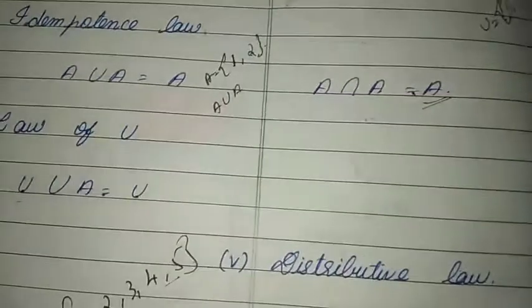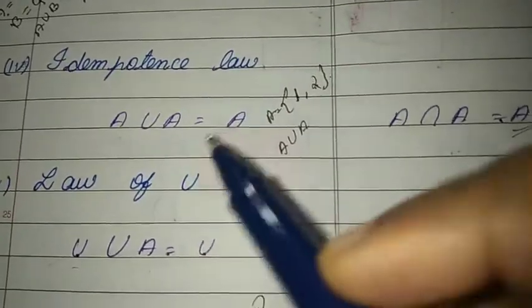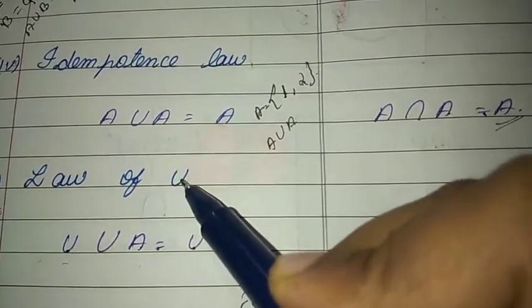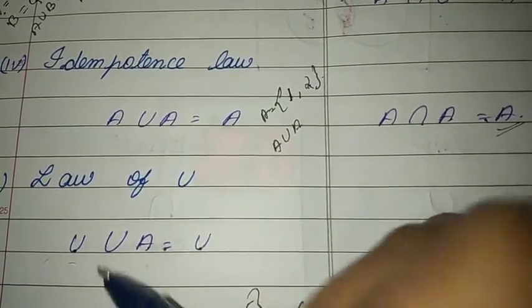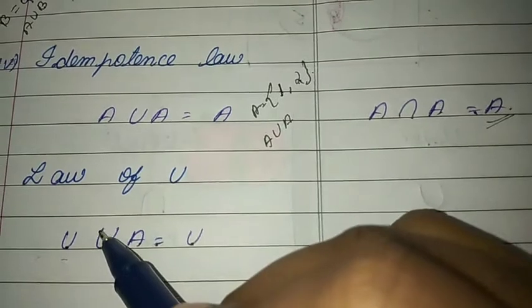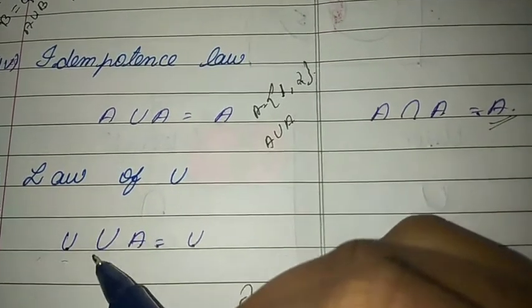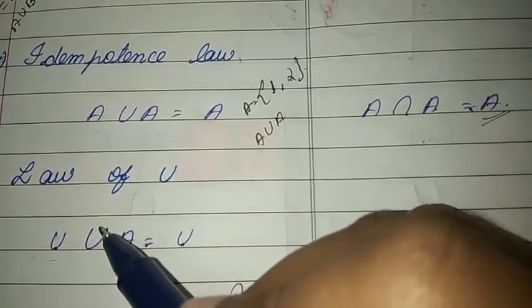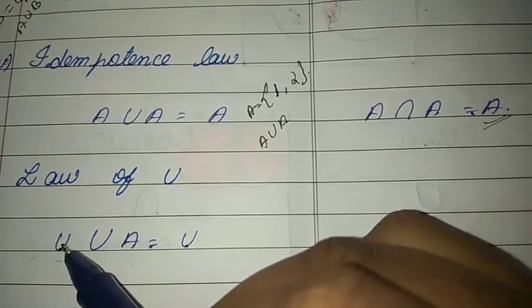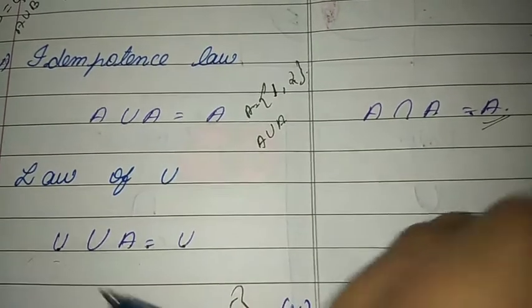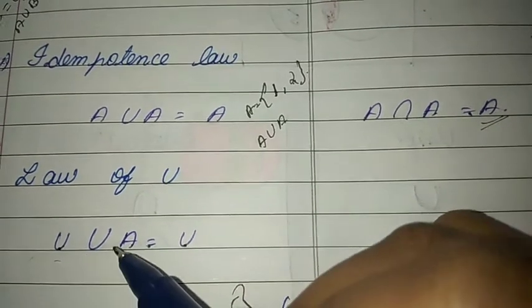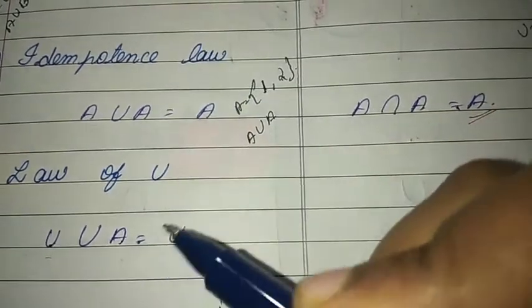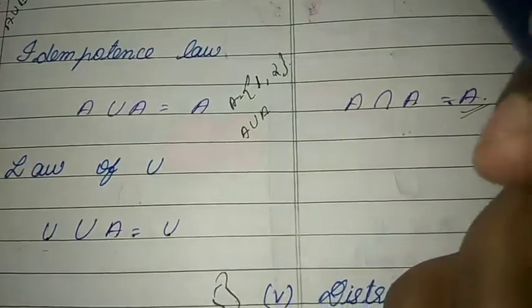Now the law of U, which is nothing but the universal set. Don't get confused between universal set and union. In the textbook, the universal set will be given as a broader U, so that you will be able to differentiate between universal set and union. The union of the universal set and set A is equal to the universal set itself.